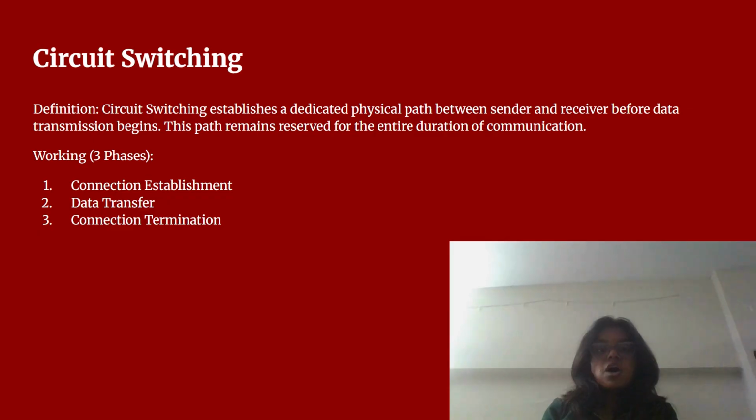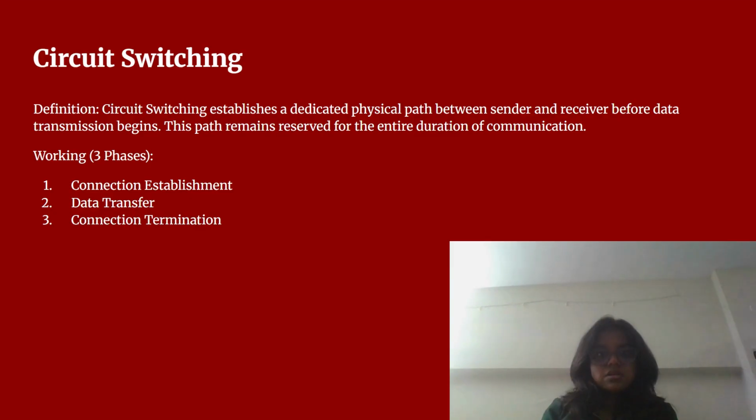As Ria speaks, her voice travels smoothly along the same fixed route without delay or interruption. Even when she pauses, the path remains occupied. When the call ends and the phone is placed down, the network releases the path, making it available for others. This is circuit switching, a dedicated connection established before communication and released after it ends.